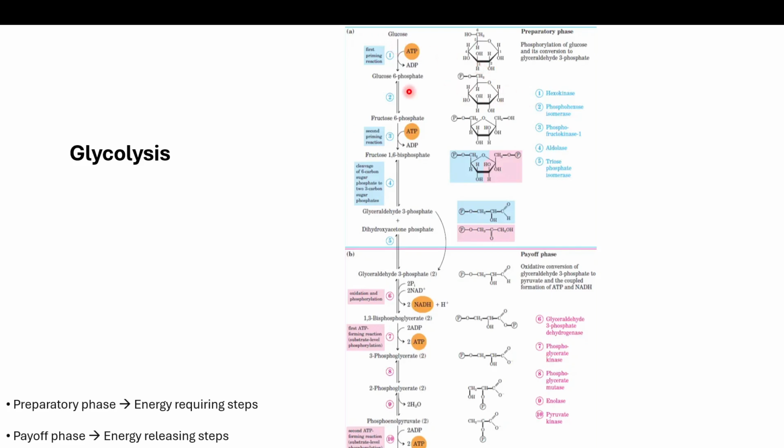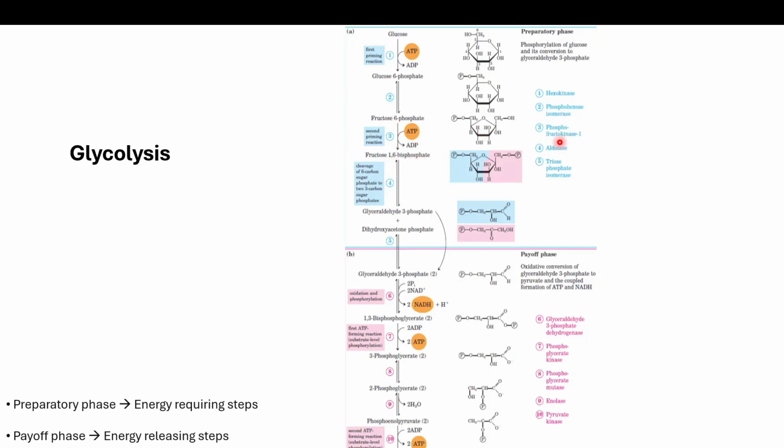In general, a kinase is an enzyme that adds a phosphate group to a particular molecule. So glucose is converted to glucose 6 phosphate via hexokinase, and glucose 6 phosphate isomerizes to fructose 6 phosphate using phosphohexose isomerase, and then another phosphate group is added, thereby forming fructose 1,6 bisphosphate.